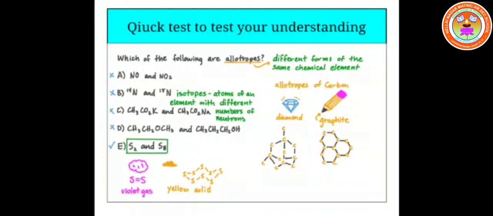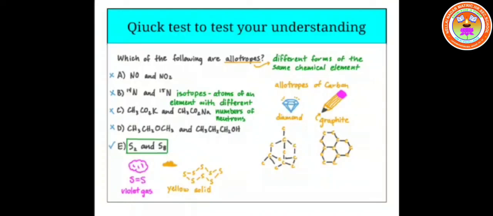One sulfur is bound to the other sulfur by a single bond. The structure of S2 and S8 differs and they are made up of the same element, sulfur alone. So they are called allotropes. So S2 and S8 are allotropes.